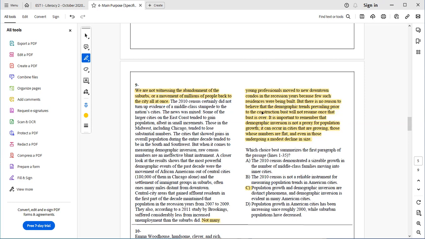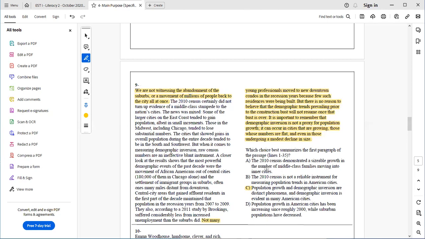But there is no reason to believe that the demographic trends prevailing prior to the construction bust will not resume once the bust is over. It's important to remember that demographic inversion is not a proxy for population growth. It can occur in cities that are growing, those whose numbers are flat, and even in those undergoing a modest decline in size.